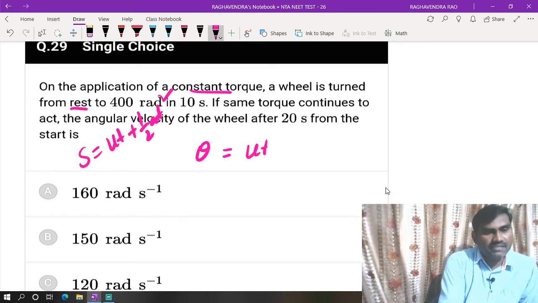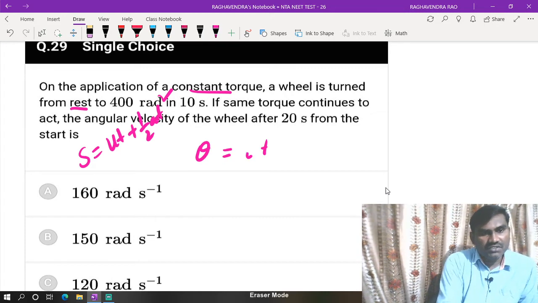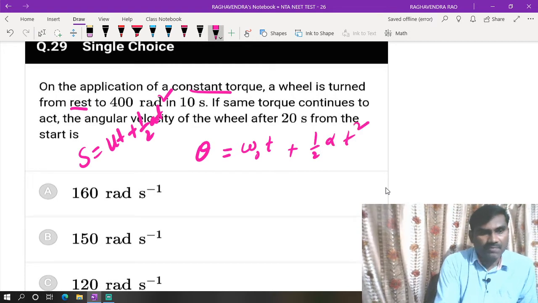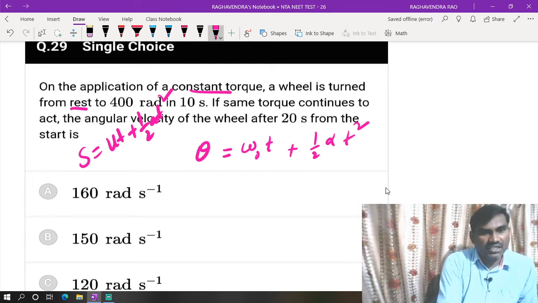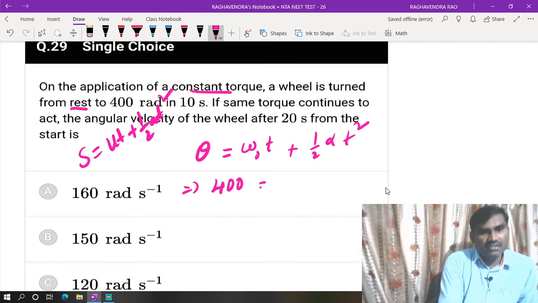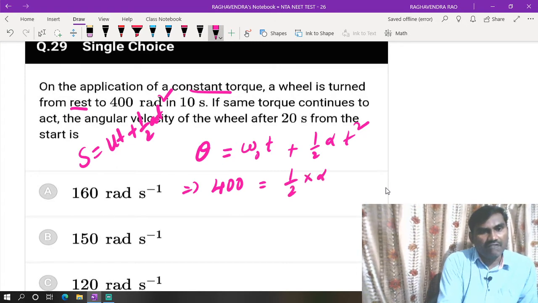For angular displacement theta, we can write omega naught t plus half alpha t square. Since it started from rest, omega naught is equal to 0. That means 400 is equal to half alpha into t square, with t equal to 10, so 10 whole square.